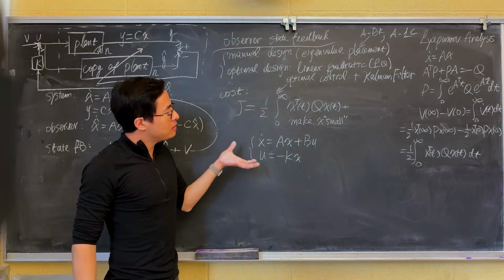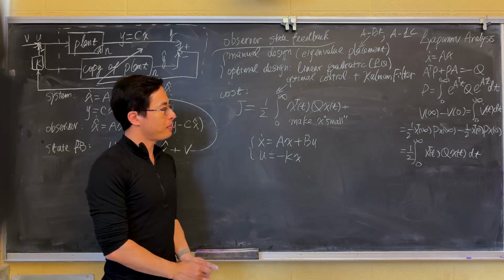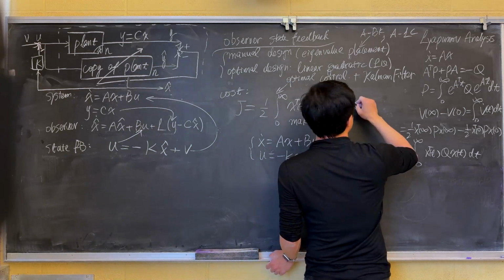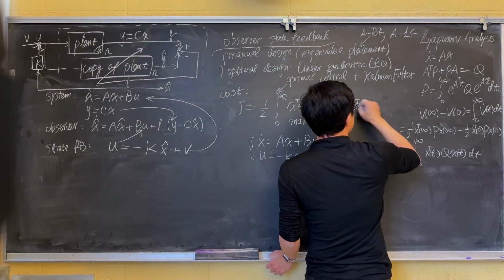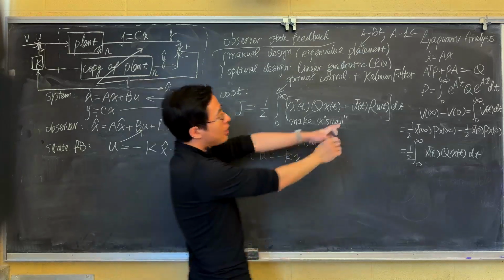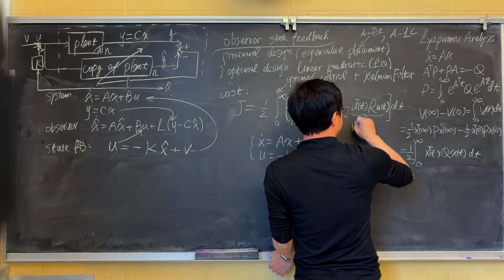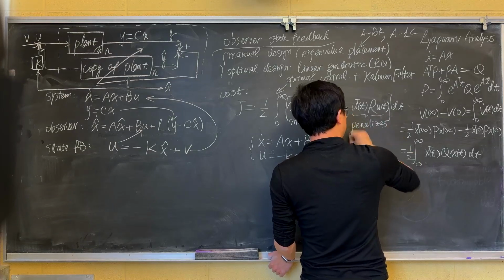And then I want to do this without using too much control effort. So I want to make this drop down, but in the meantime, not use too much control effort. So this penalizes large control efforts.